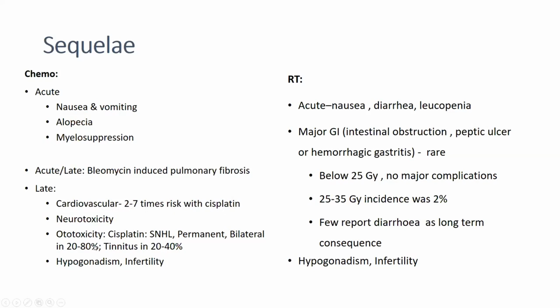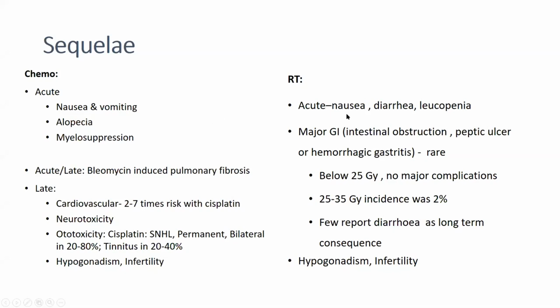And approximately 30 to 40% of patients who receive a high dose of cisplatin will develop sensory hearing loss, which is permanent in some patients and bilateral in 20 to 80%. And then hypogonadism and infertility are also late side effects of chemotherapy.